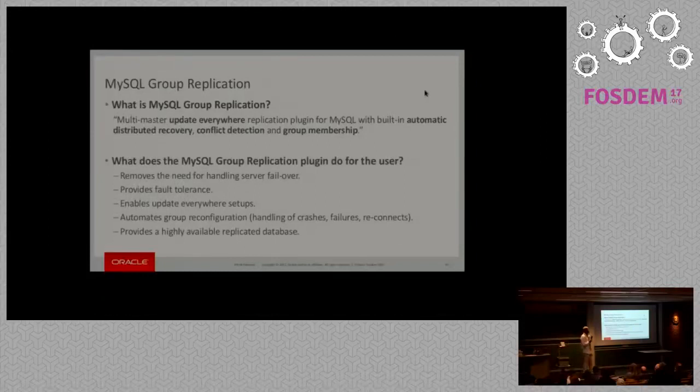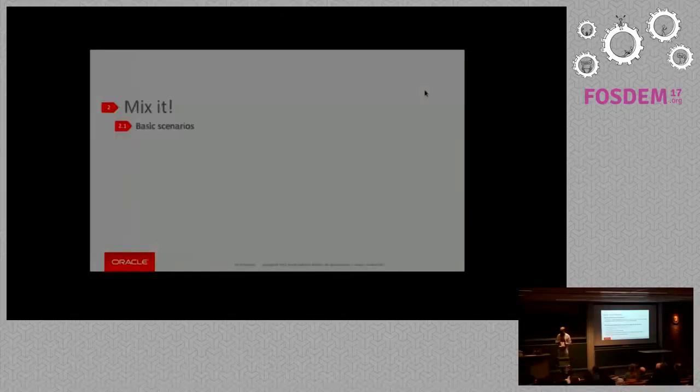Group replication everywhere with automatic distributed recovery, conflict detection, and group membership with automatic failover and fault tolerance, and you can write everywhere. And if your primary dies, the group will automatically choose a new primary, so you don't have to be concerned with that. And if a node suddenly dies, it is kicked out of the group, so you don't have to worry about that as well.